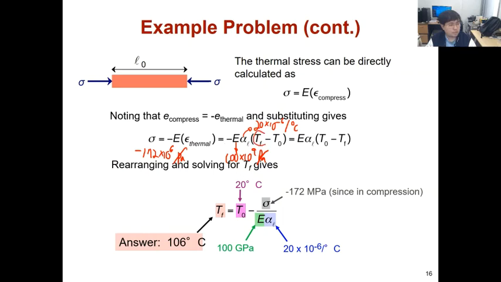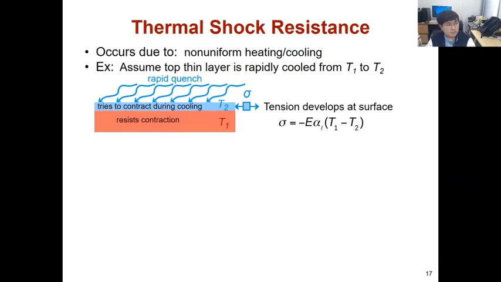The initial temperature is 20 Celsius, so finally we can easily obtain 106 Celsius. So this is the simple example. Yeah, so you can know why thermal stress is generated. Without any constraint, although we increase the temperature, solid material does not experience any thermal stresses.